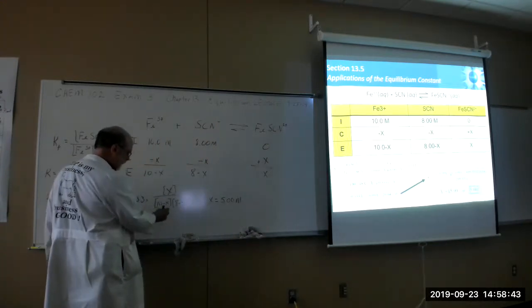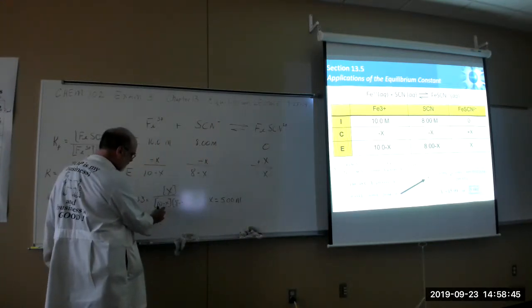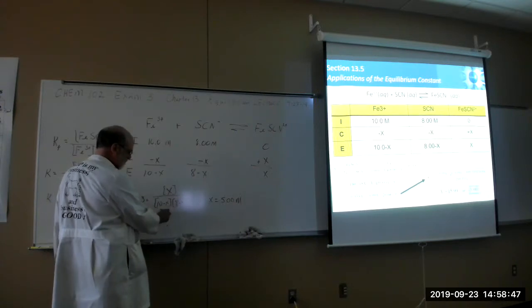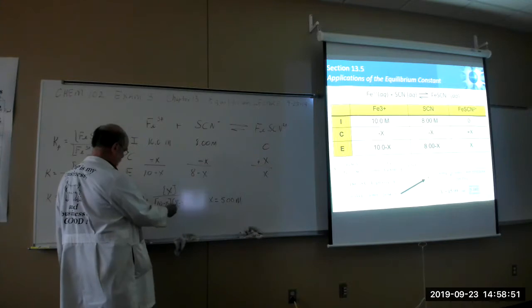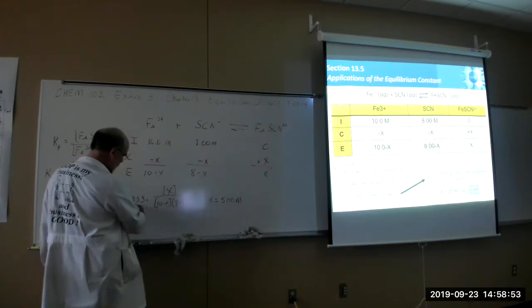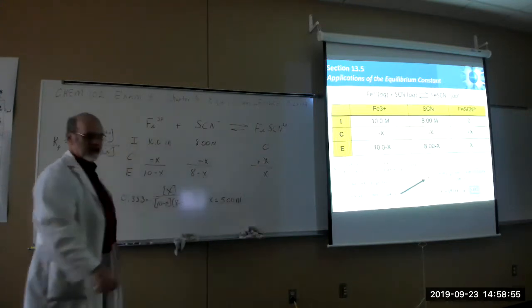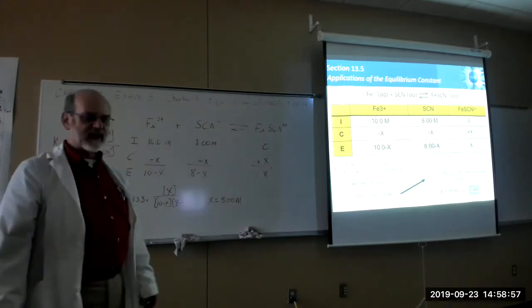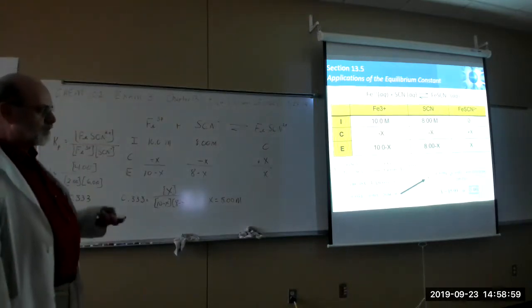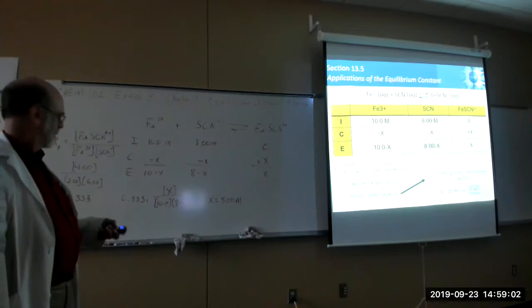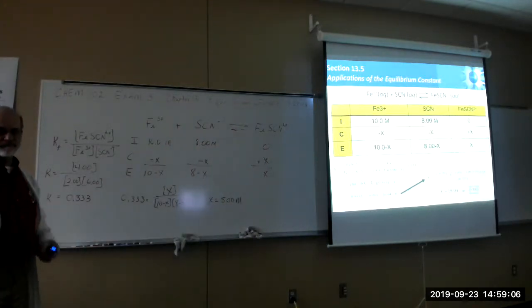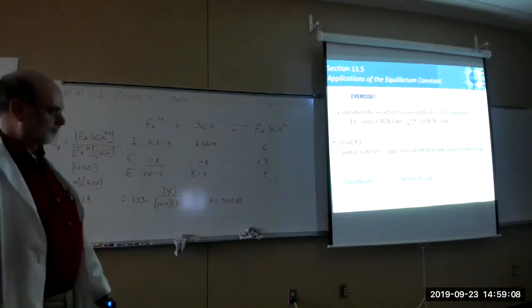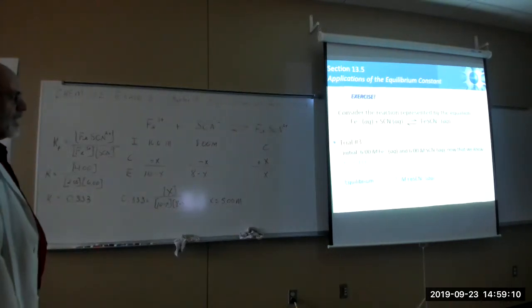So in that case, we can say this x is much smaller than 10, ignore it. This x is much smaller than 8, ignore it. So it'd be 80. Then bring your 80 over here times that, and that would be your x. But in this case, if we tried that, the value would be way, way off because this value is not small enough.